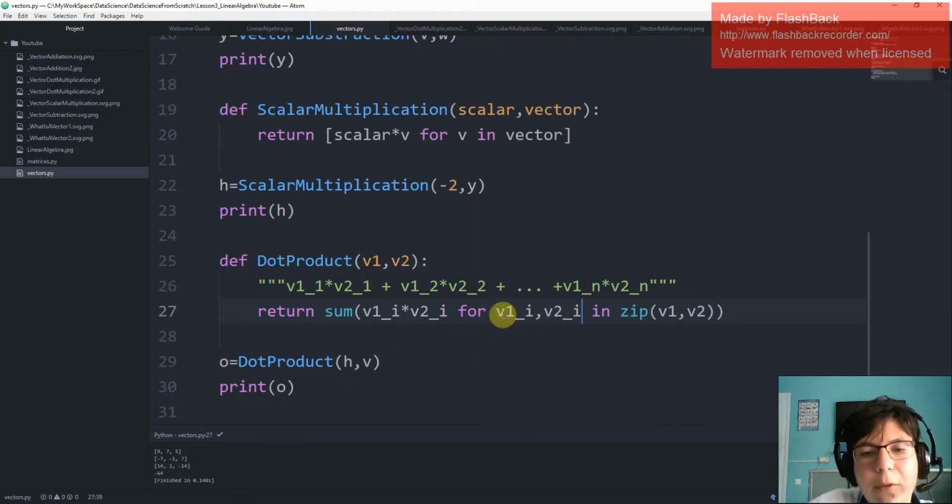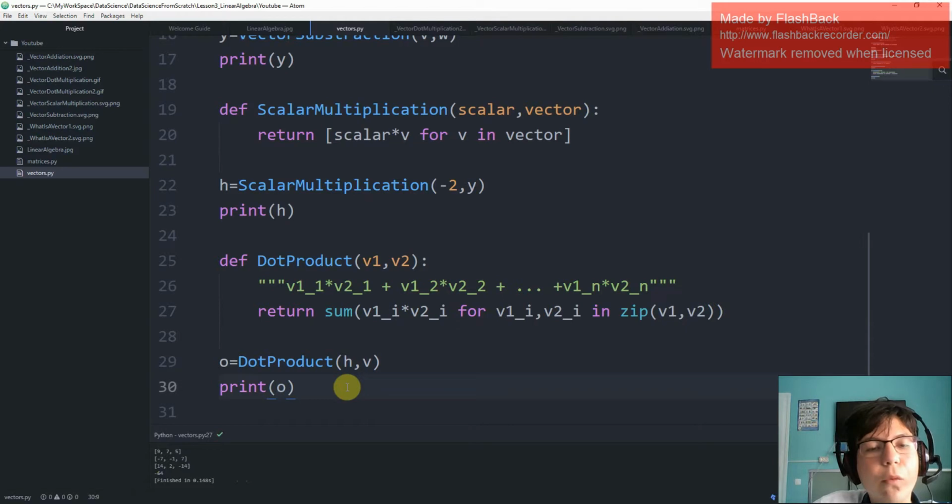So just correct this, because we are iterating with these values through these vectors, through these lists, not with the vectors through the vectors basically. So it was just a mistake. Just correct it and let's continue. So the value of the dot product is minus 64.